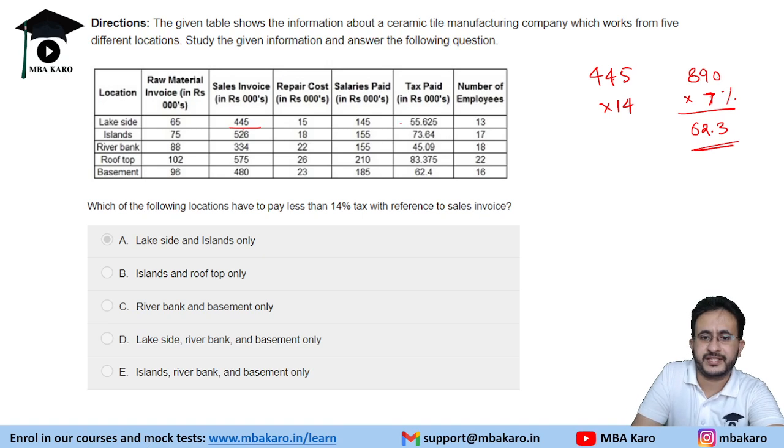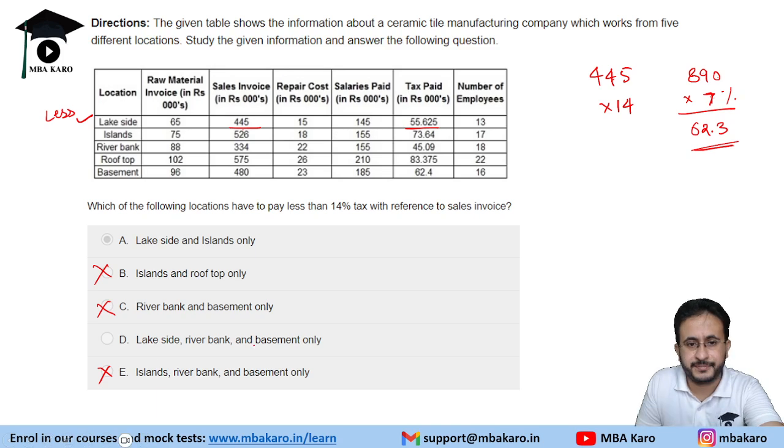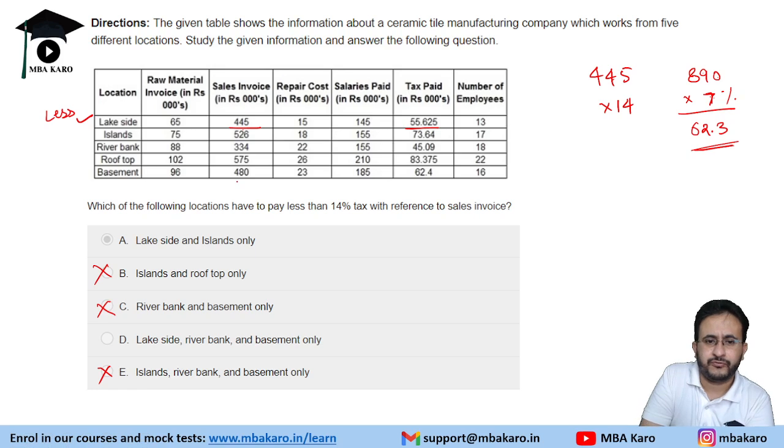Now the tax paid is 55.625, so it is less than 14%, right? Less. Now let's take Lakeside, which should be there in the options, so we can eliminate these options. I made a mistake in this question while attempting. So there are 2 options: Lakeside and Island, Lakeside, Riverbank, and Basement. Now let us see which calculation is easy to make. 48, 480, because it's a round number.